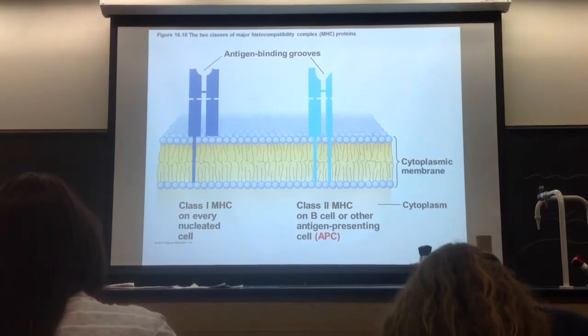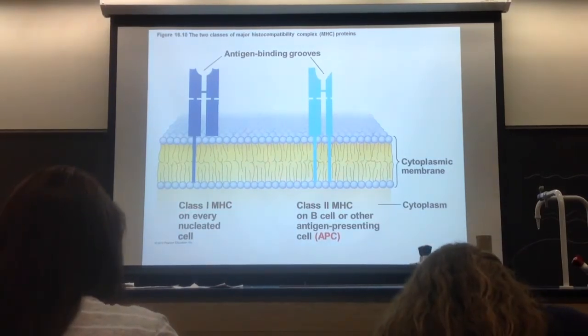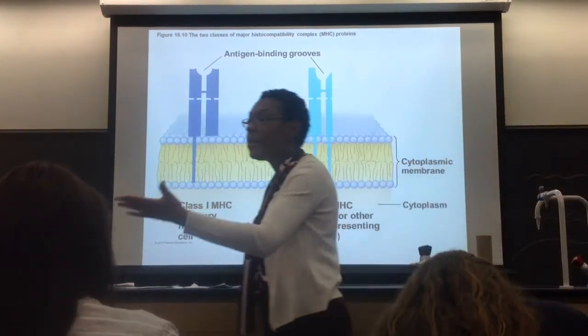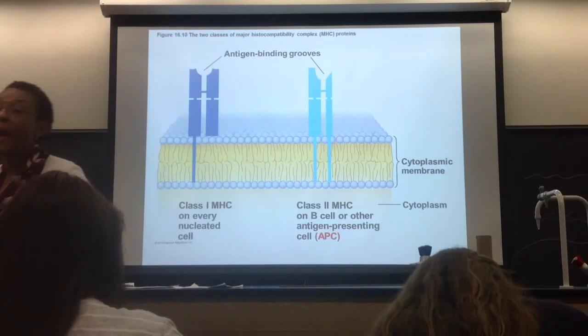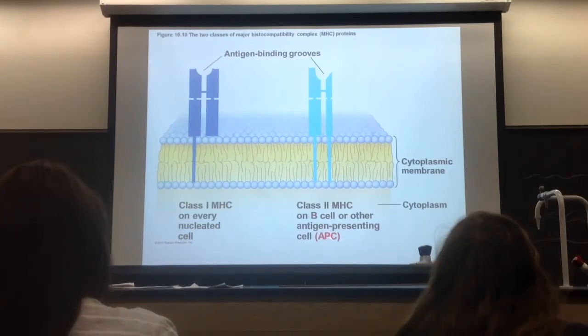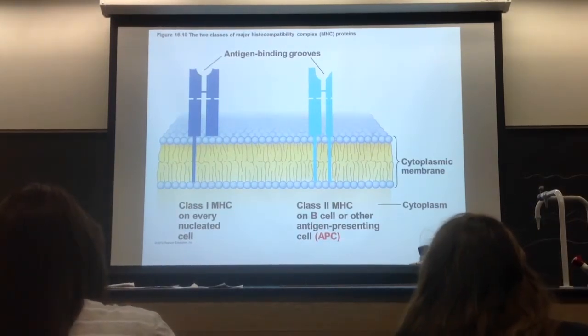They say B cells, right? Aren't B cells immune cells? So immune cells would have both, okay? Dendritic cells, I talked about them last chapter, they have them too, okay? So keep that in mind. Ooh, new acronym. I like this chapter. It's like the government, right? All these acronyms. APC.